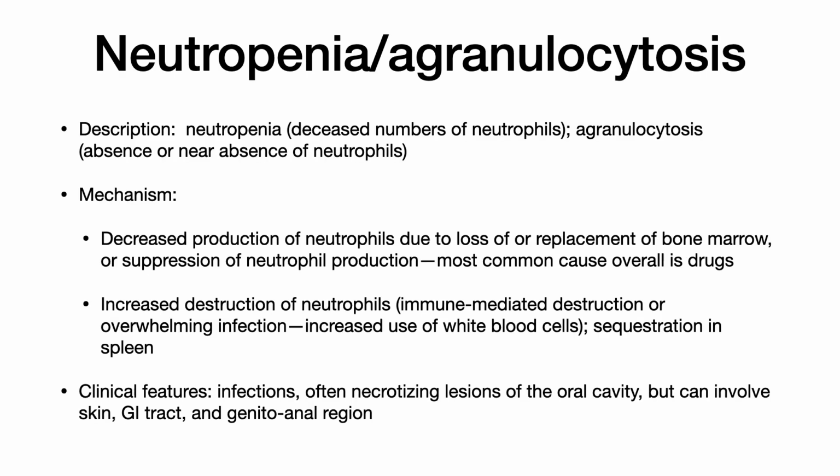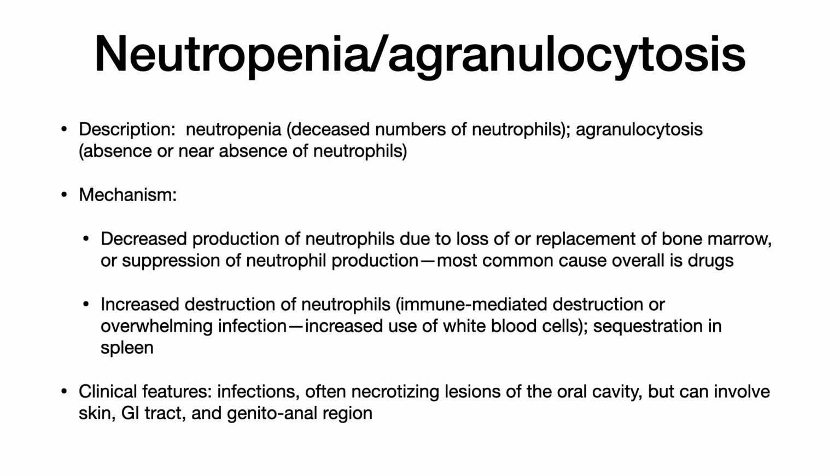So specifically, we'll talk about neutropenia or agranulocytosis. Neutropenia is a decreased number of neutrophils, and agranulocytosis is an absence or near absence of neutrophils. Neutropenia is decreased, and A, remember, is none, like aplasia is no organ. Mechanism, it can be due to decreased production of neutrophils, which can occur from a variety of things.